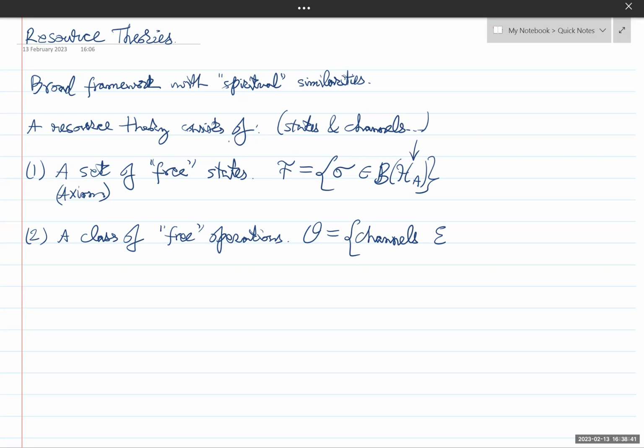When I say channels, I mean completely positive trace preserving maps.